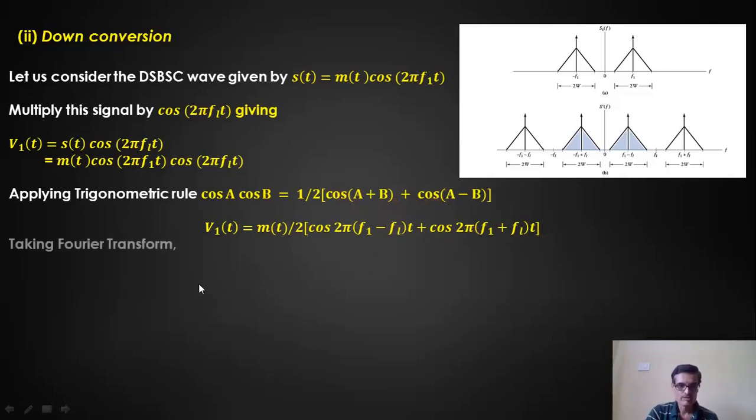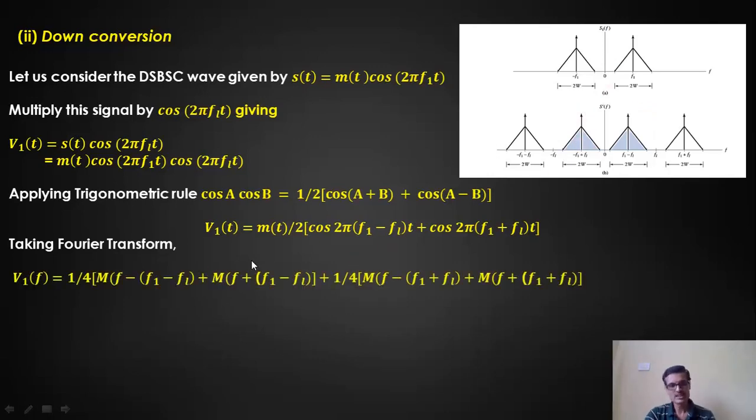Now, for this equation, I will take a Fourier transform, go to the frequency domain, and compare that with this frequency spectrum representation. So what we get is half of m(t)/2, which is 1/4. m(t) is multiplied by these two terms: m(t) multiplied by cos 2π(f1−fL)t, and m(t) multiplied by cos 2π(f1+fL)t.